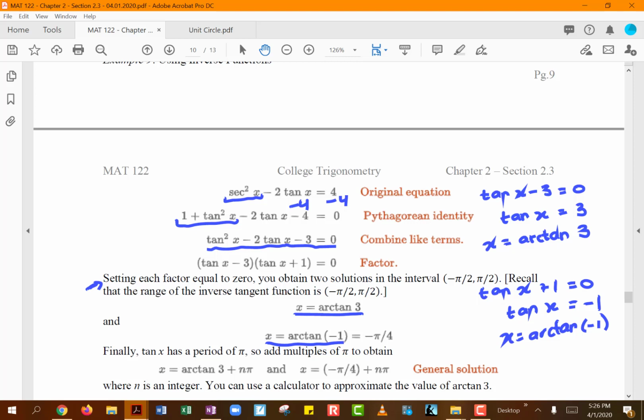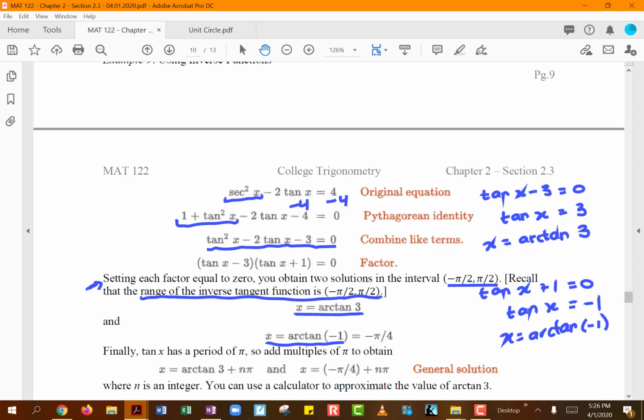So if you look at this little sentence over here, they're saying by setting each factor equal to 0, you obtain the two solutions in the interval of negative pi halves to pi halves. And the reason we are going from negative pi halves to pi halves is because the range of the arctangent function, or the inverse tangent function, is from negative pi halves to pi halves.